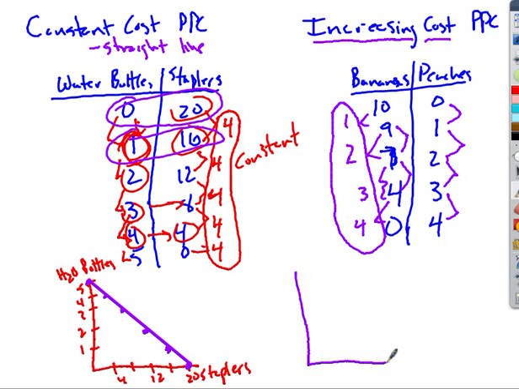So here we've got that, and let's see, 2, 4, 6, 8, and 10, and 1, 2, 3, and 4. So we've got bananas down here, peaches over here.